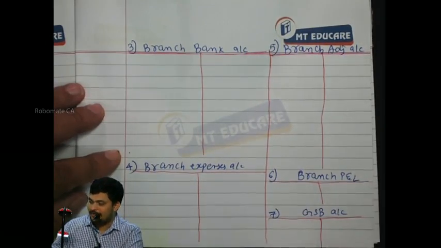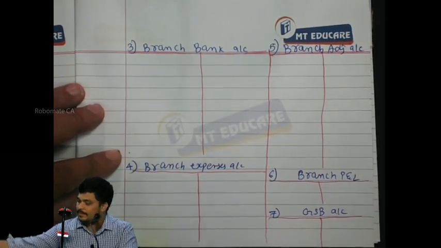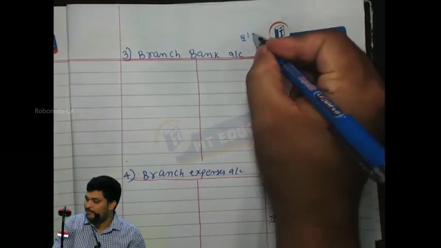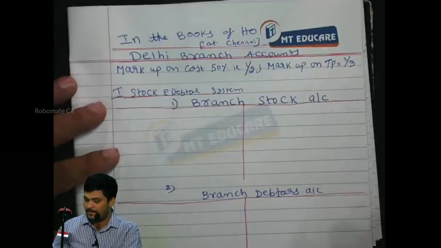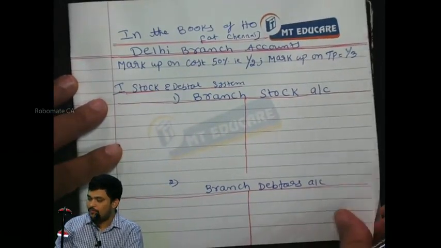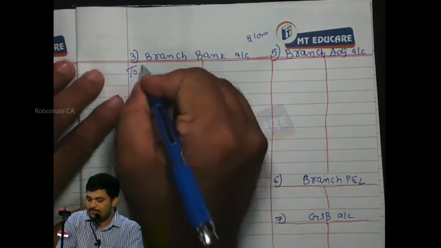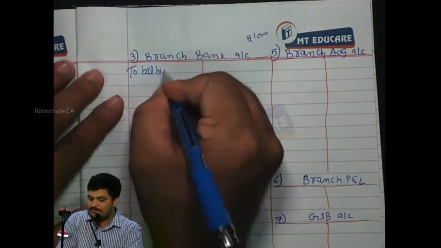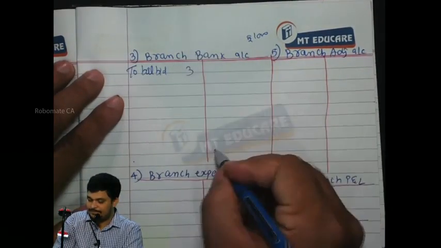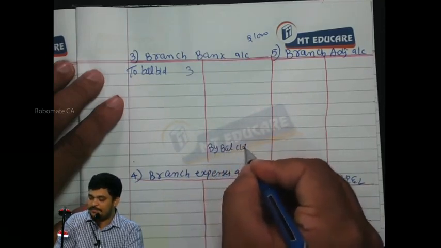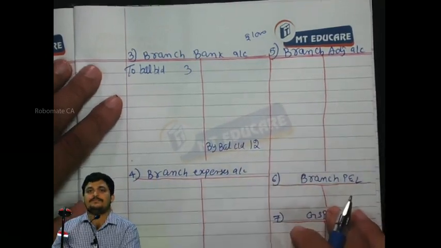Friends, please stop talking. Rupees are in thousands. Now, to balance brought down in the bank account, how much? 3. By balance carried down, 12.